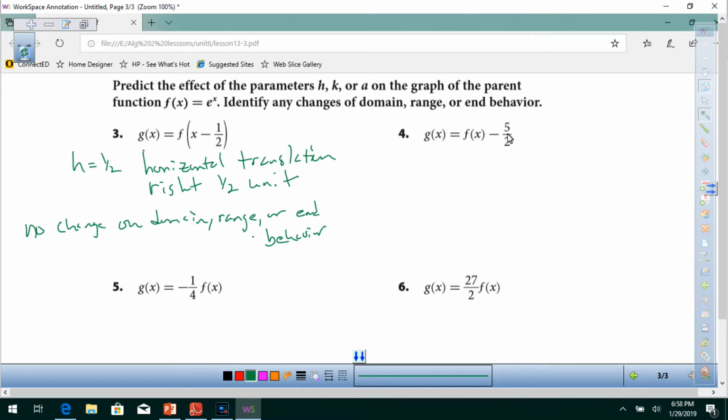All right, let's take a look at number 2 here. This happens to be in the k spot, so k equals -5/2. That's going to give us a vertical translation.